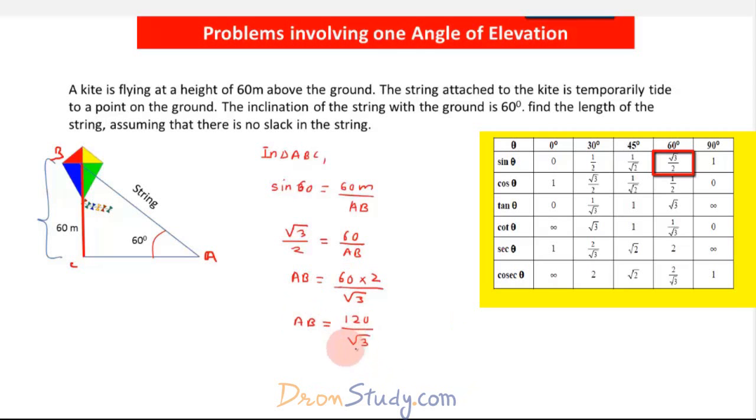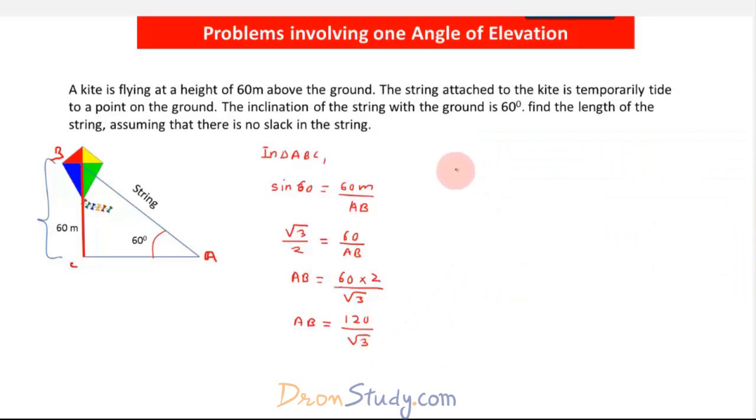Again here we do not write surds in the denominator. To remove this surd from the denominator, we rationalize. So multiply by root 3 to the numerator as well as the denominator. So AB is equal to 120 by root 3 multiplied by root 3 upon root 3.